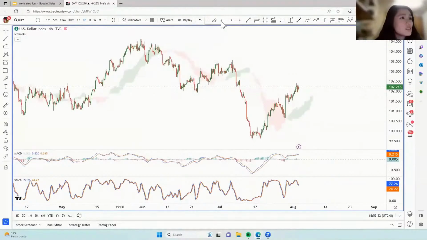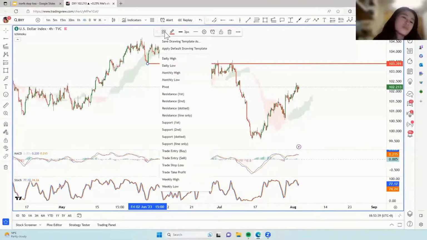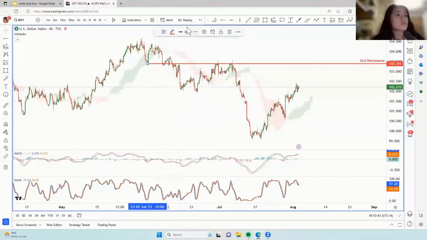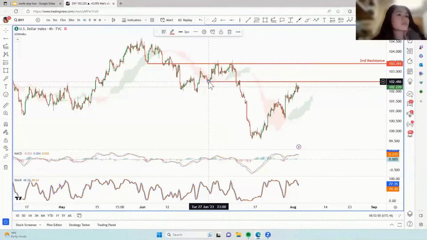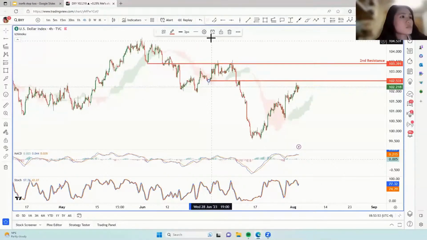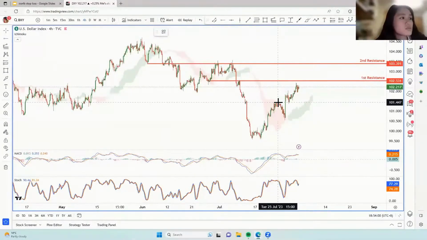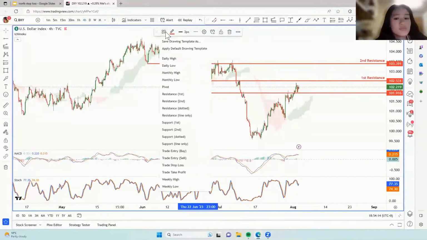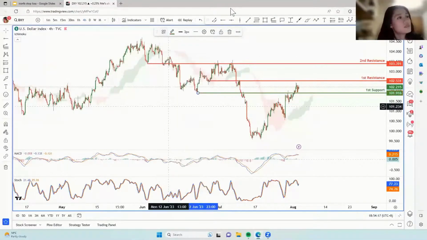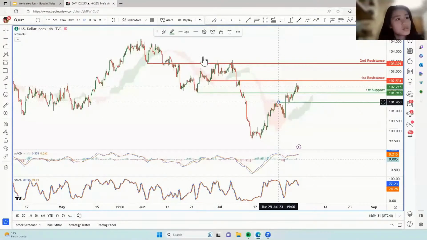So let's just go ahead and add some support and resistance levels. Okay, and then here is my first support. And my second support here.